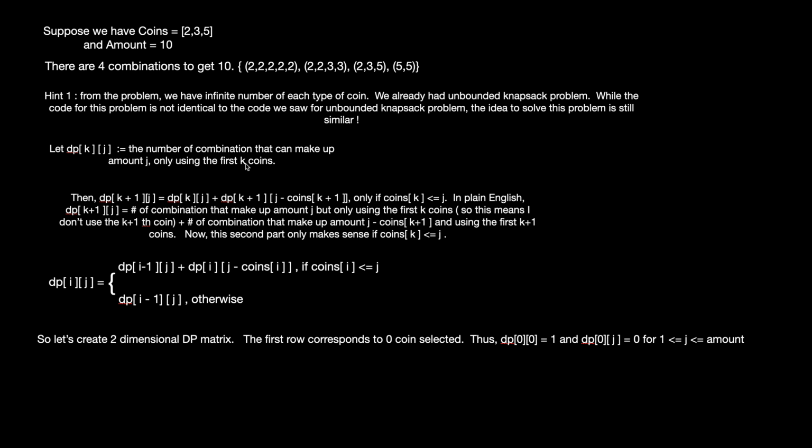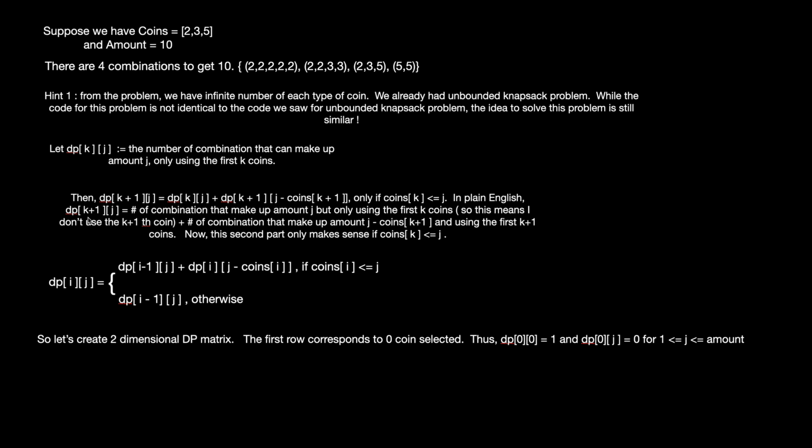Now, what should this be? I already gave you the answer, but if the coin is less than or equal to j, where j is the amount, then it's very similar to the one that we just saw. So you have to consider that portion too.